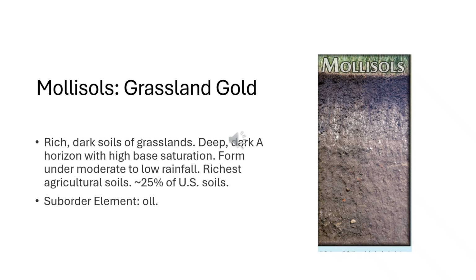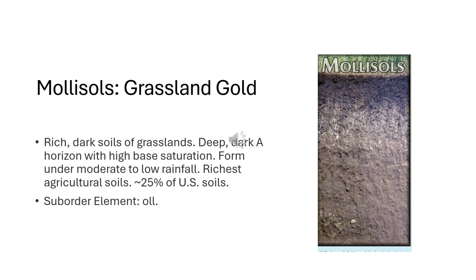Now for our mollisols, the famously rich and dark soils of the grasslands or prairies. They're characterized by a deep, dark A horizon, that topsoil, with high base saturation. We haven't learned what that is. Base is referring to certain types of atoms that are nutrients that will attach to soil particles. Not something you need to really understand yet.